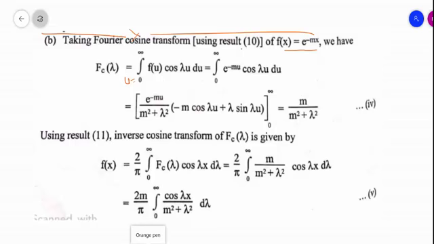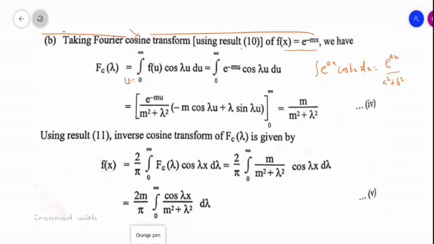Again use the result for the integration of the product of an exponential function with a cosine function, that is given by e raised to ax upon a square plus b square, into a cos bx plus b sin bx.